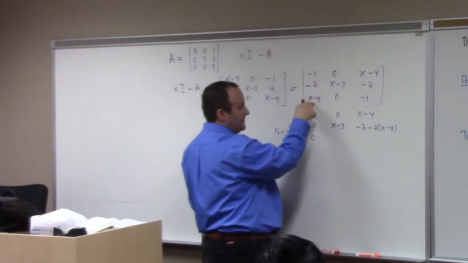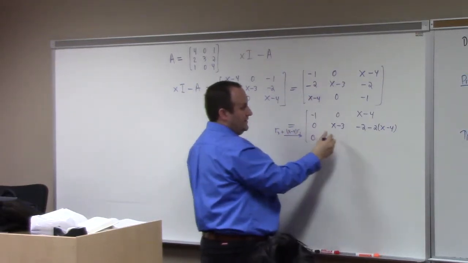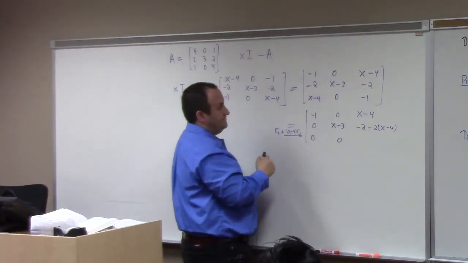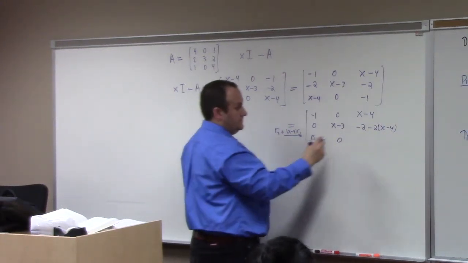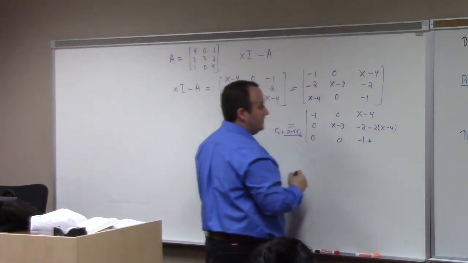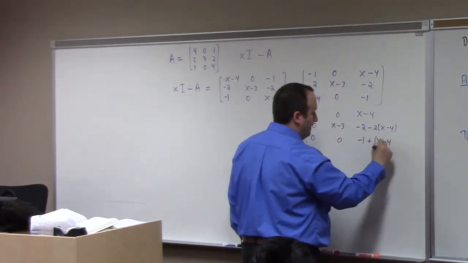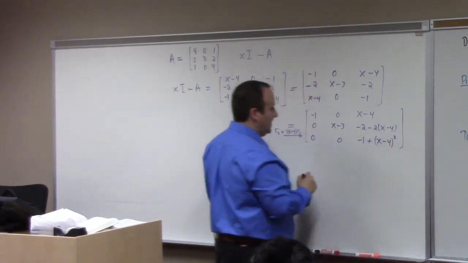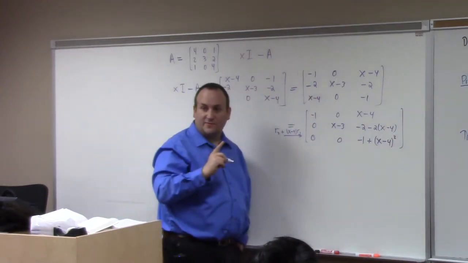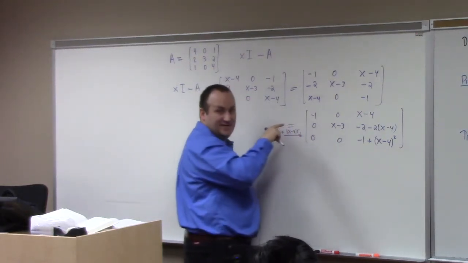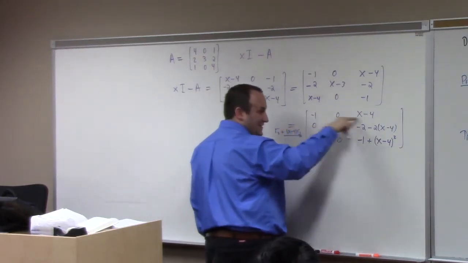And so that clears out this x minus 4. And then here's the new, more newfangled thing: you're allowed to do column operations. So you can take this one and obliterate that.